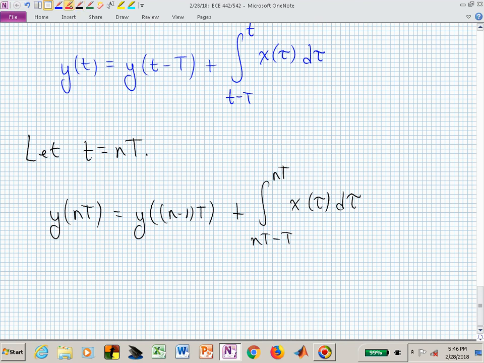The different numerical integration strategies are all based on this approximation of the area in that little sliver.